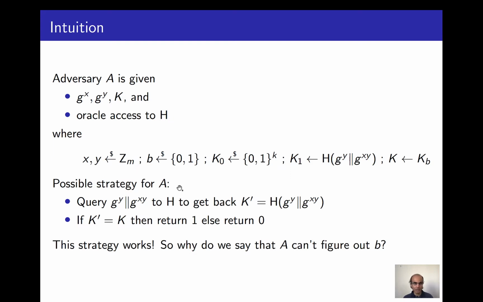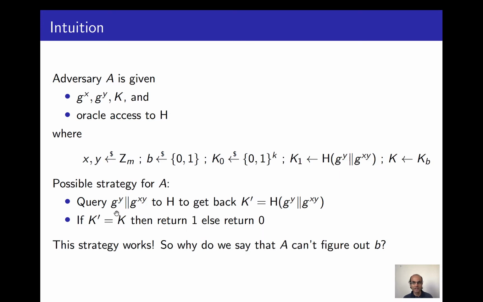Now, one sees here a strategy that allows A to succeed in its task of determining the challenge bit. How would that work? It takes the quantity g^y, g^xy, and queries that to its random oracle H, and lets k' be the response. So it makes the query that corresponds to the derivation of k1.